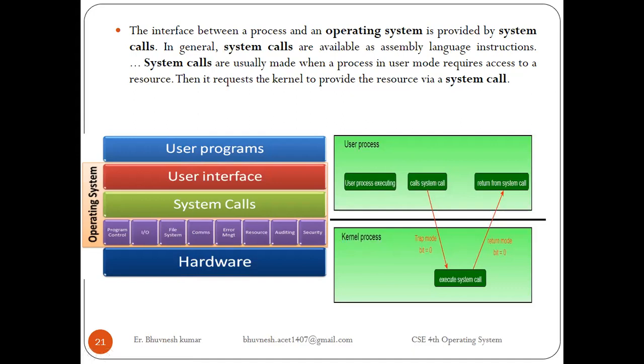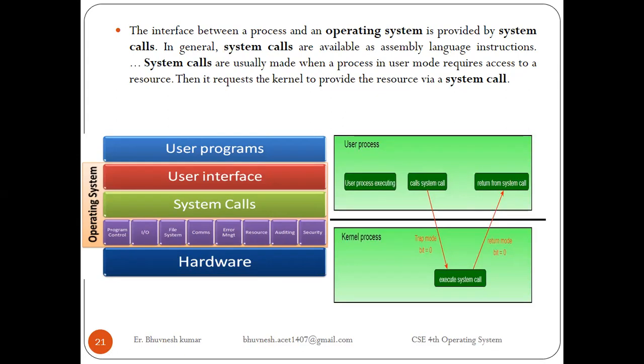The call is generated and forwarded to the kernel processor. The kernel processor executes that system call. Who executes? The kernel executes that system call and returns that output to the user. In this manner, your drop down list gets shown on your screen.